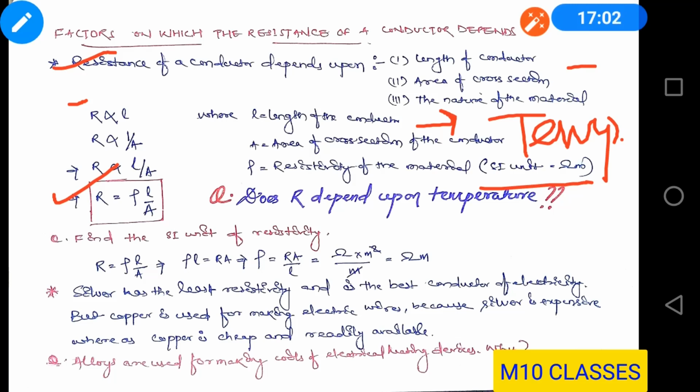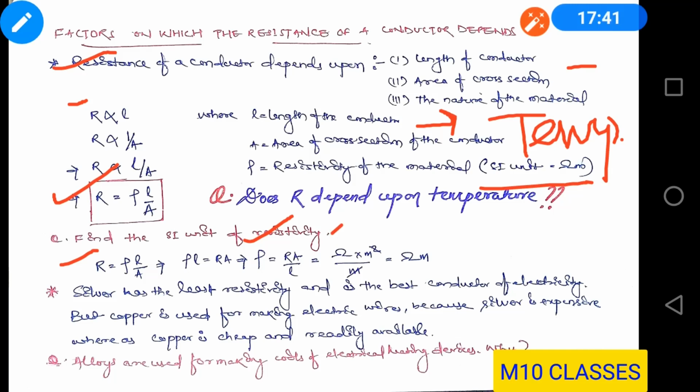Next, find the SI unit of resistivity. Students, whenever you are asked to find the SI unit of something, you have to find the formula associated with it. Resistivity is associated with resistance, so we'll take the formula of resistance, that is R equals rho L by A. Now it will give you rho equals RA by L. To find the SI unit of resistivity, put the SI units of R, A and L. R is resistance, so the SI unit is ohm.